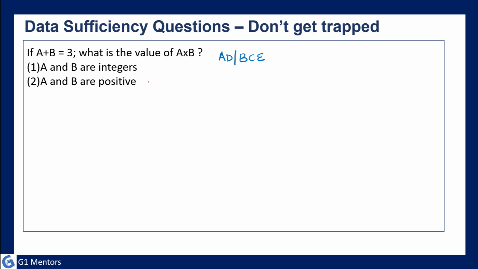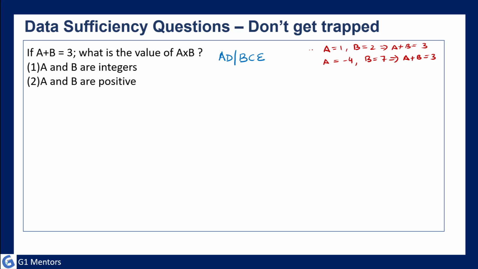Reading the first statement, a and b are integers. If a and b are integers, a can be 1 and b can be 2, which implies a plus b is equal to 3. Another possibility is a equals minus 4, an integer, and b equals 7. In this case also, a plus b is equal to 3.